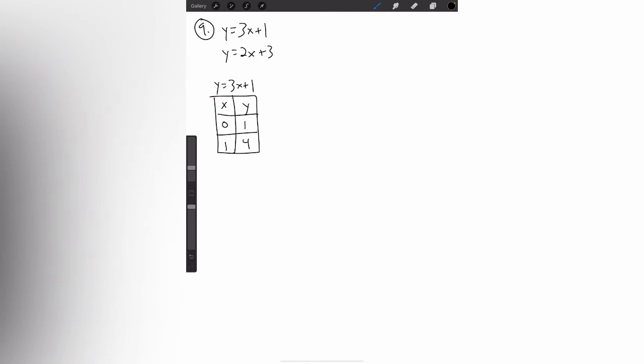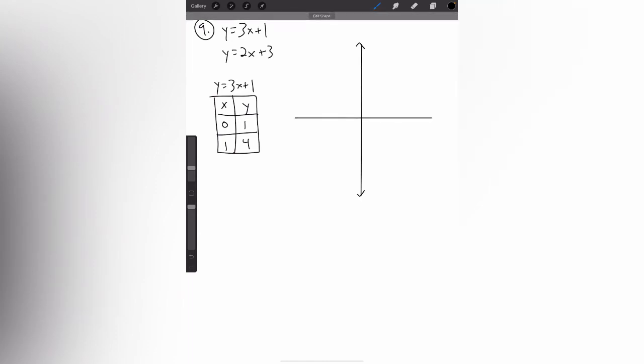Okay, so I'm going to go ahead here and make my graph. And it goes that way as well. And I have 0, 1. I have 1, 4, 2, 3, 4.